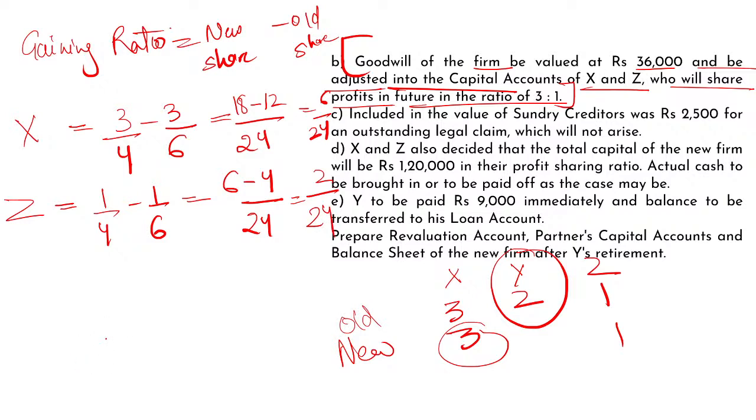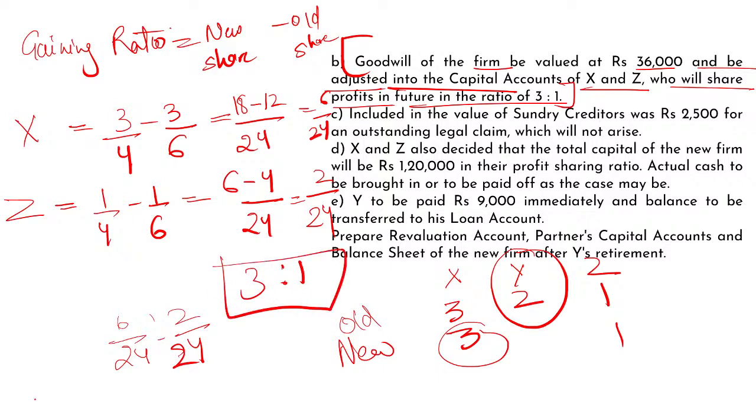So they are gaining 6/24 and 2/24. So it will be 6:2.